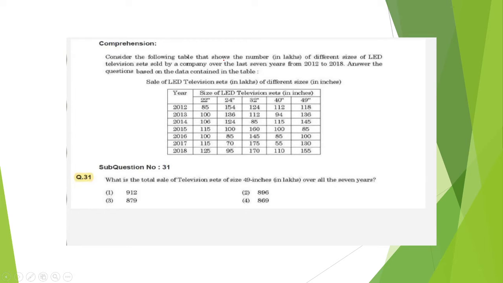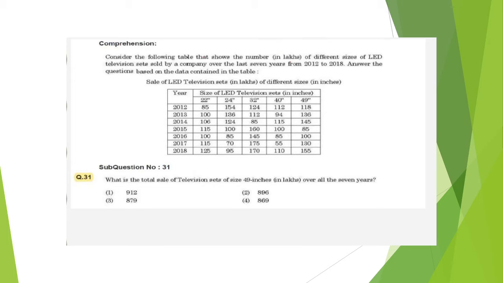This is the chart given here. In this, we will read the question first. We have to read the question properly. Consider the following table that shows the number of different sizes of LED television sets sold by a company over the last 7 years from 2012 to 2018.